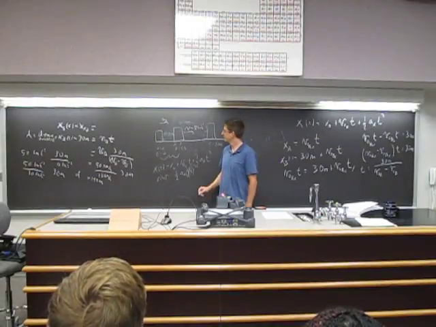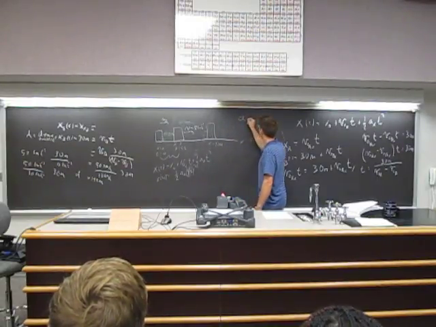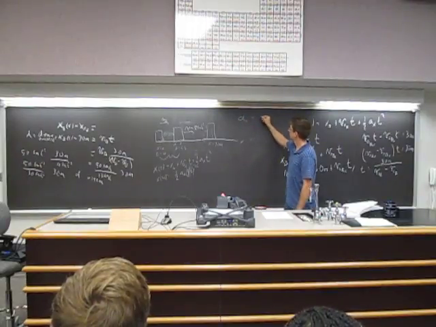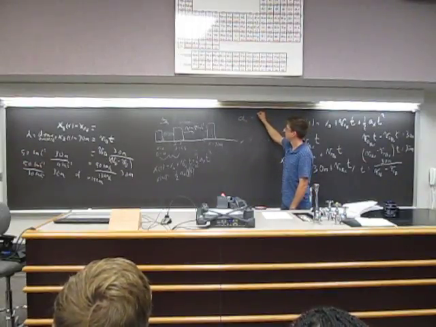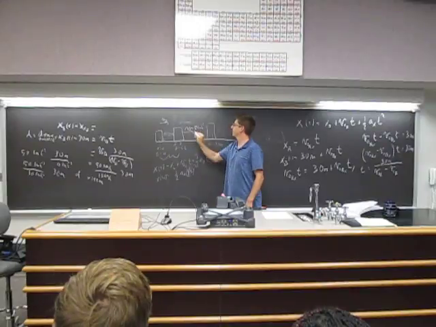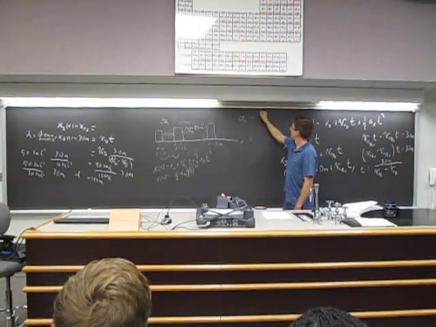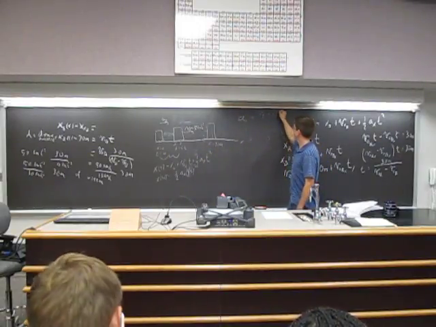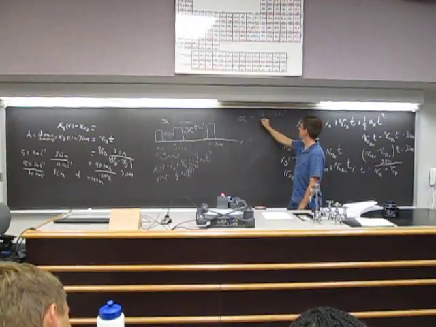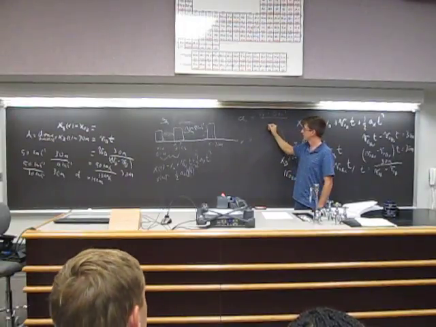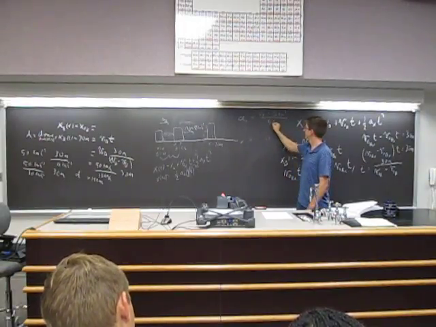So I can say that the acceleration in the x direction would be the final speed, I'm going to put a little f here, minus 0 kilometers per hour, over the time it took. It was 5 seconds.